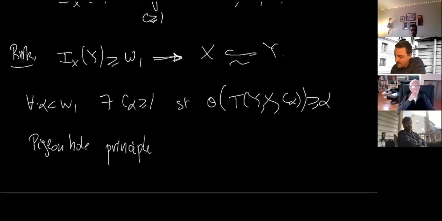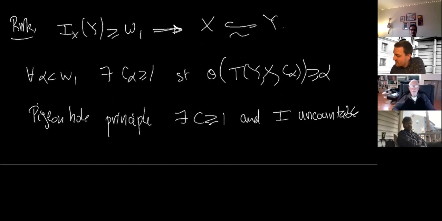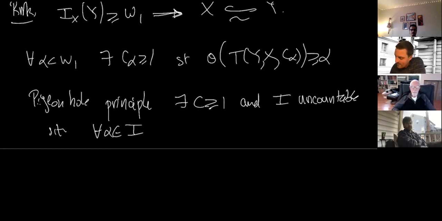Okay, so we're using the fact that there are uncountably many countable ordinals. So you can find a universal constant C and Y, which is uncountable, such that for every countable ordinal alpha in this Y, the order of T_Y(x, C) is greater than alpha.